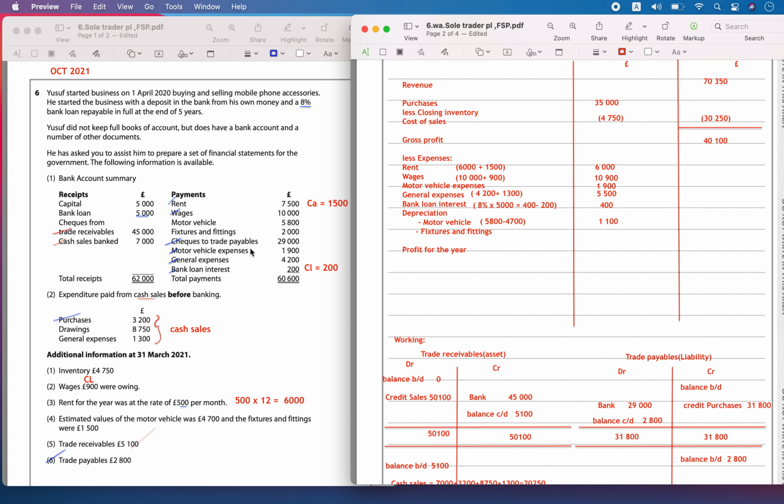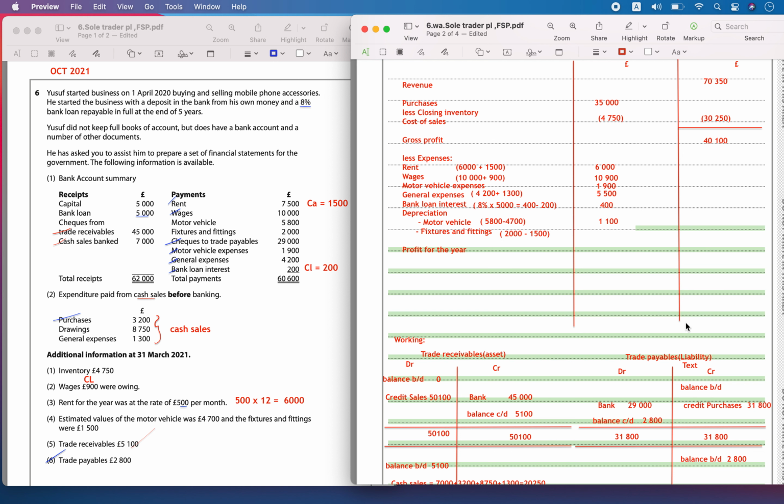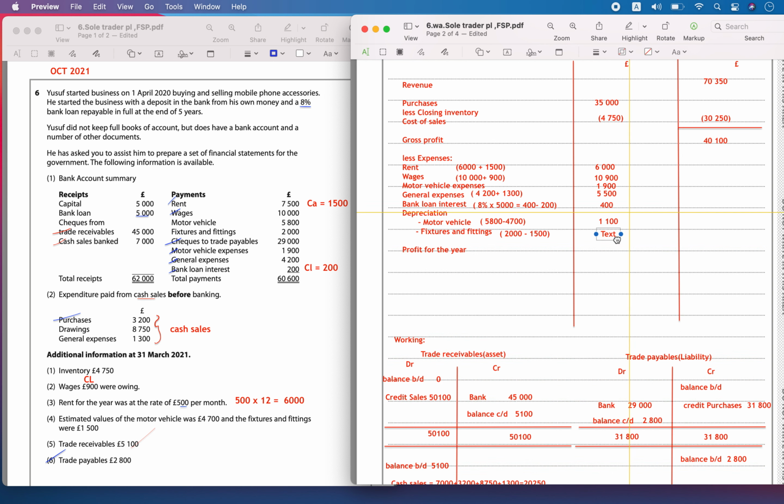And then you have the fixtures and fittings. They were bought for 2,000, but the value has become 1,500, so the difference is 500. That's the depreciation value. So it has become 500.